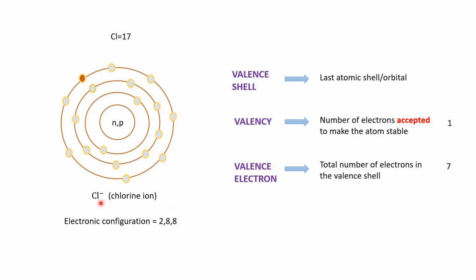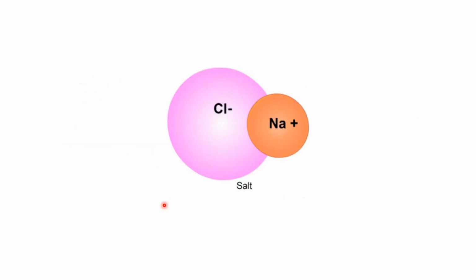Okay, so these ions are also not basically stable in nature, so they chemically combine with each other to give chemical compounds, and this formation of chemical compounds we are going to see in further videos, obviously in more detail. So basically here, chlorine Cl minus combines with Na plus, that is the sodium ion, to give you salt which you use in your food, that is your common salt.